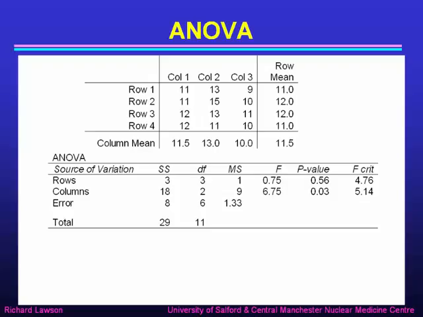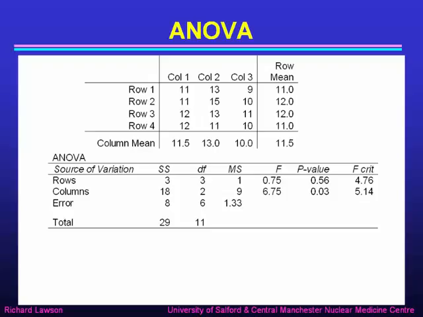Analysis of variance works like this. We've already seen the row mean and the column mean for these numbers. If you do an analysis of variance calculation, the analysis of variance gives all the parameters that we need. Here it's been calculated by Excel.